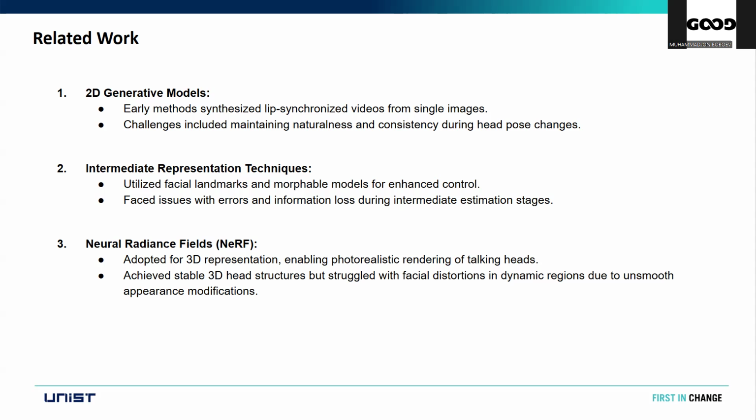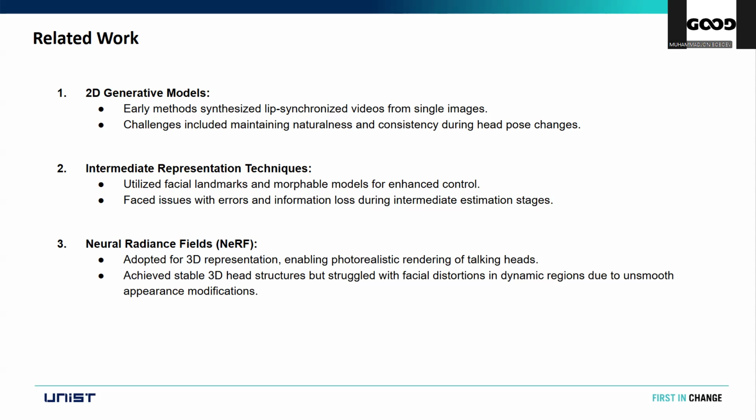People also use intermediate representation techniques, which means they utilize facial landmarks, like 68 facial landmarks, and morphable models, a 3D model, to control the structure. But this can also have a problem with intermediate steps, because the face is continuously changing its appearance, so it's very difficult to capture these subtle differences.